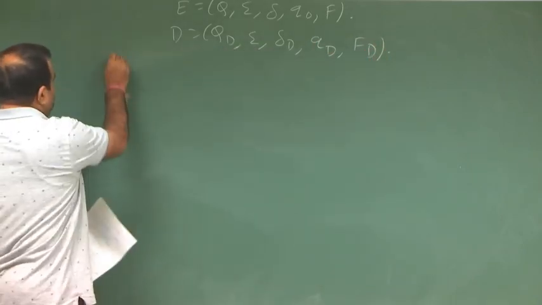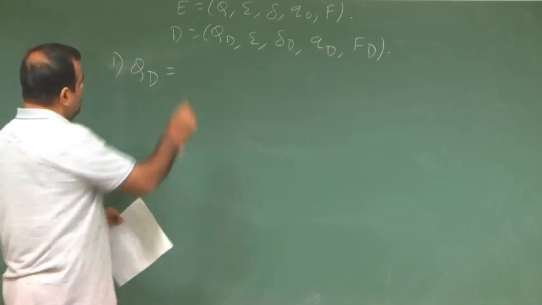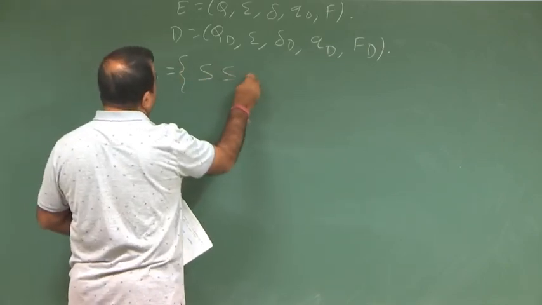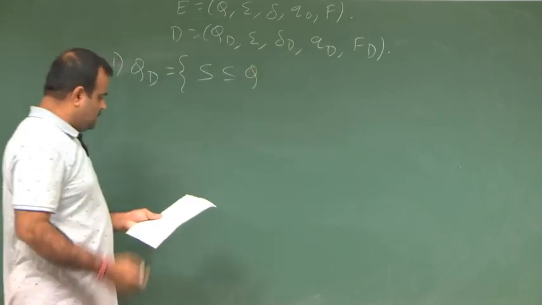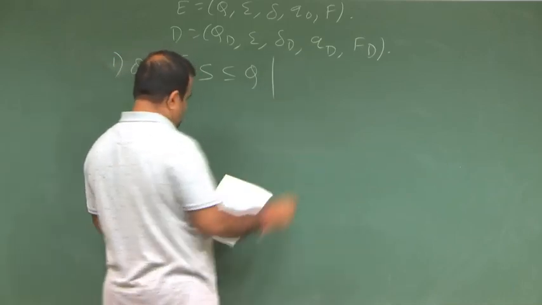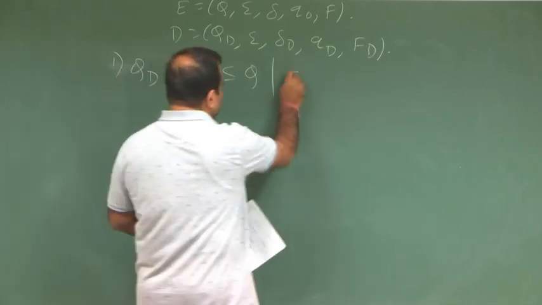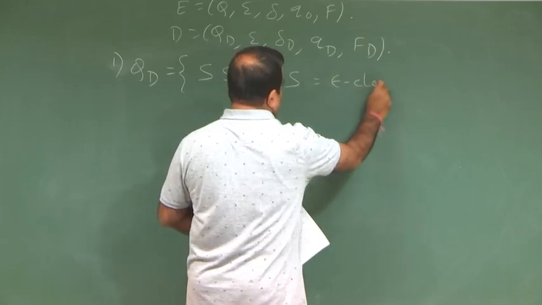So, first of all what is QD? QD is the subset of Q, or you can say QE if you like, such that S is epsilon closure of S.